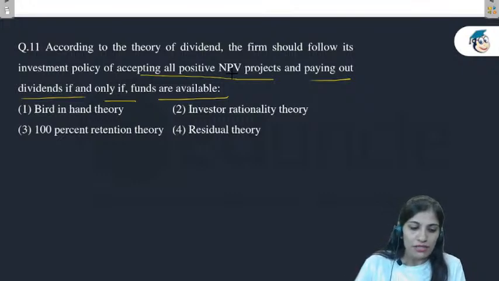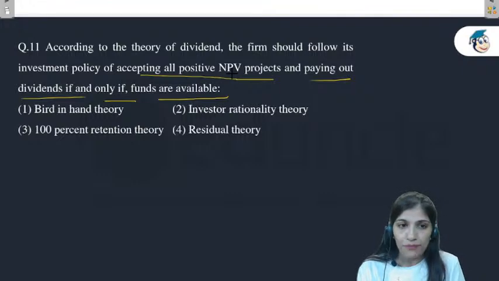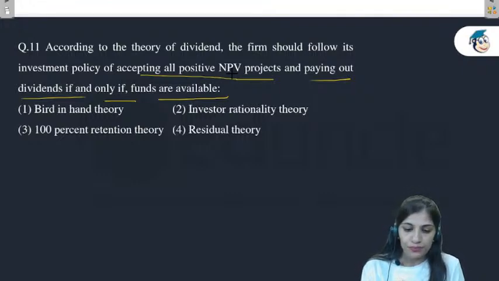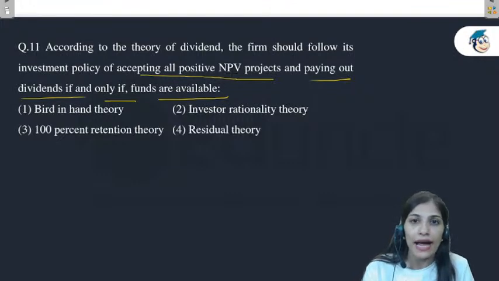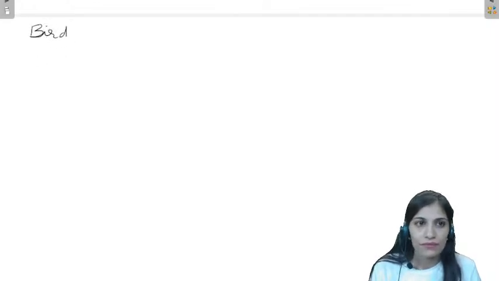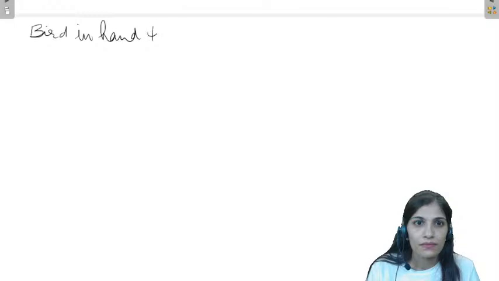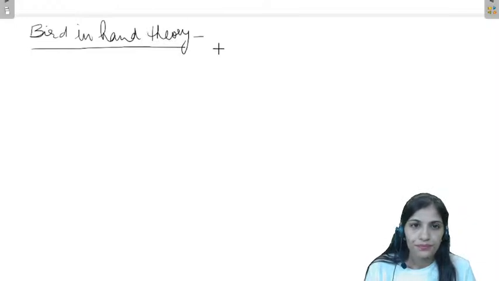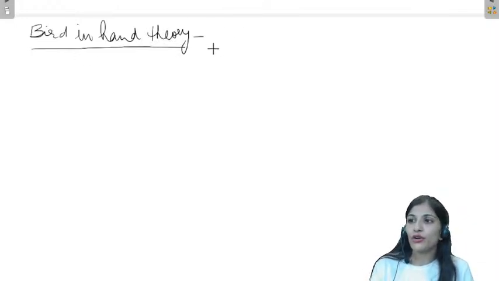All the options we must understand, and after that only we are going to answer. तो सबसे पहला, talking about the first option, the bird in hand theory. I'm explaining over here, you can note it down.